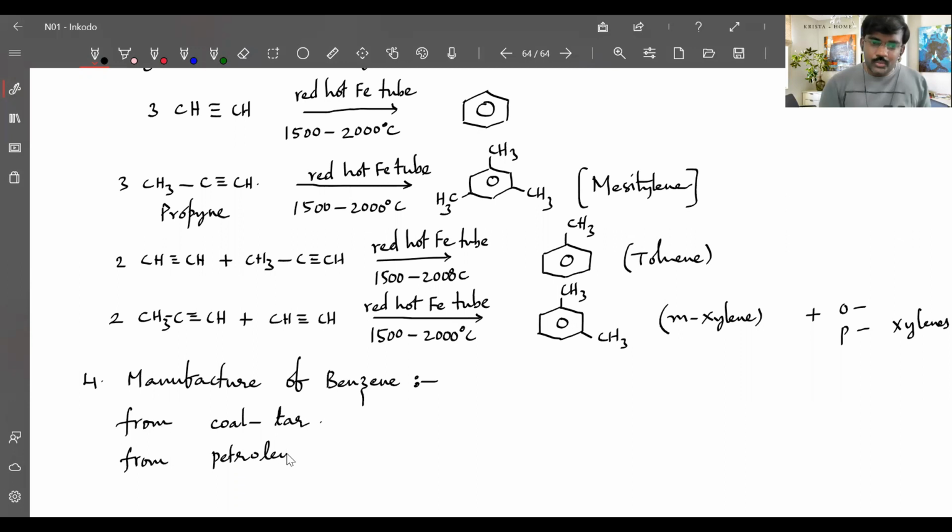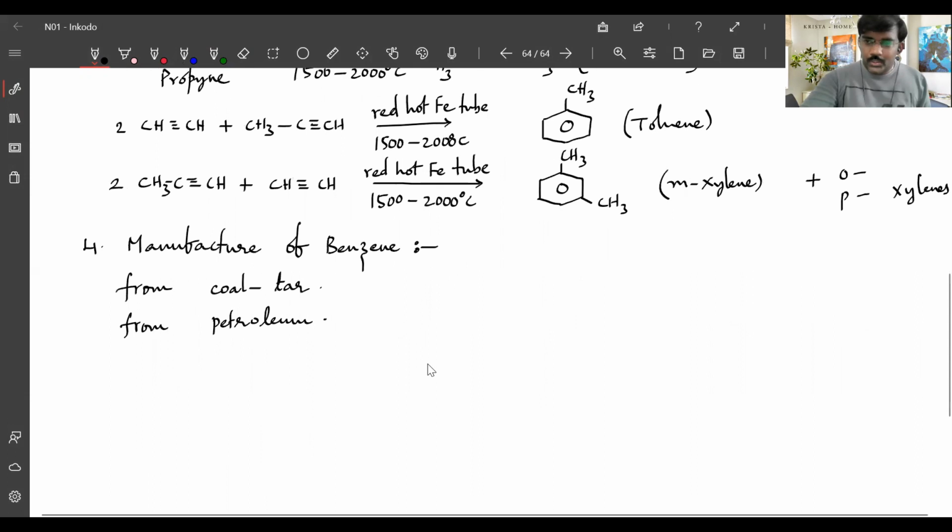These two are the main sources of aromatic compounds, not only benzene. From there they'll extract benzene and benzene derivatives.